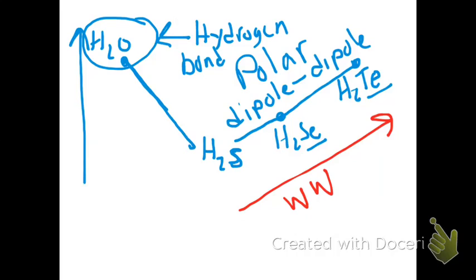So what you can kind of think of is this order as far as intermolecular forces is concerned. Hydrogen bonds, being the strongest type of intermolecular force, are typically going to have the highest boiling points. Then dipole-dipole, and then van der Waals forces.